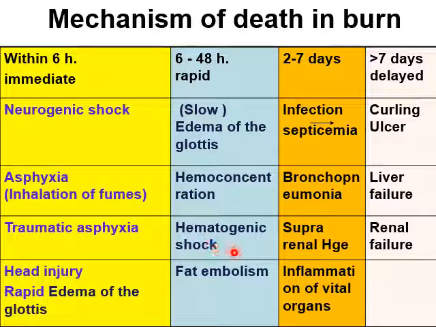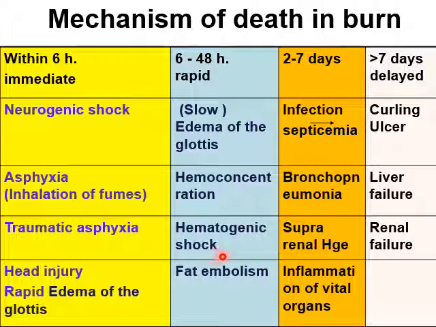The body responds by secretion of histamine-like substances that will lead to vasodilatation of the periphery. So blood is now poured into the periphery because of this vasodilatation, and this is a case of hematogenic shock. The blood is transferred from the core of the body into the periphery due to histamine-like substances, and these are secreted to lead to vasodilatation, to wash out these burned areas.